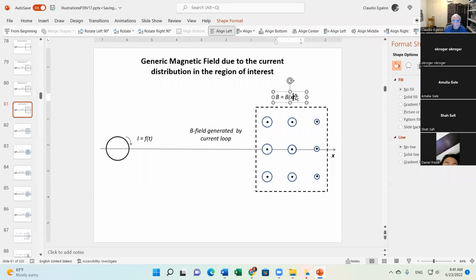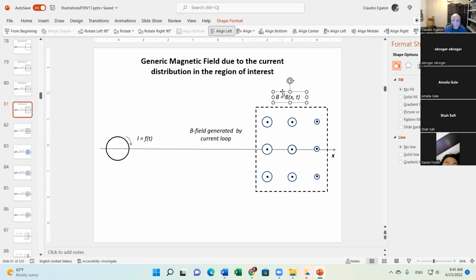And by the way, the magnetic field is going to be a function of the position too. Did you notice? I put a larger circle here and a smaller circle, just to denote the fact that we're further and further away from the source. And because of that, the magnetic field is decreasing. That's why we have to put it as a function of x and t.